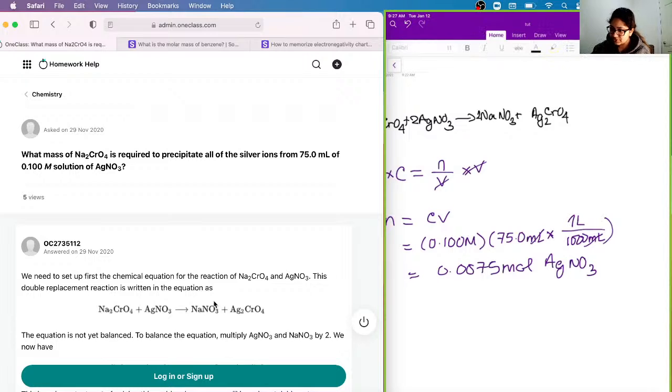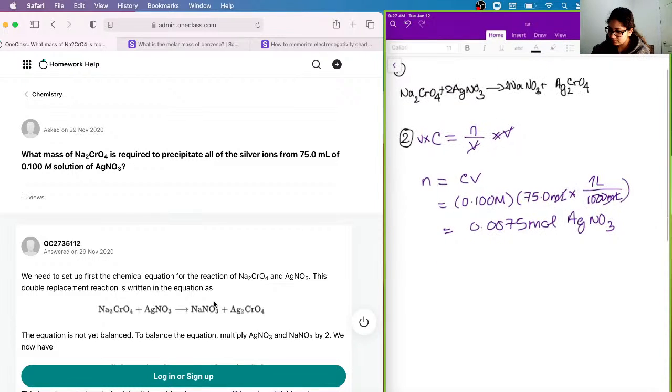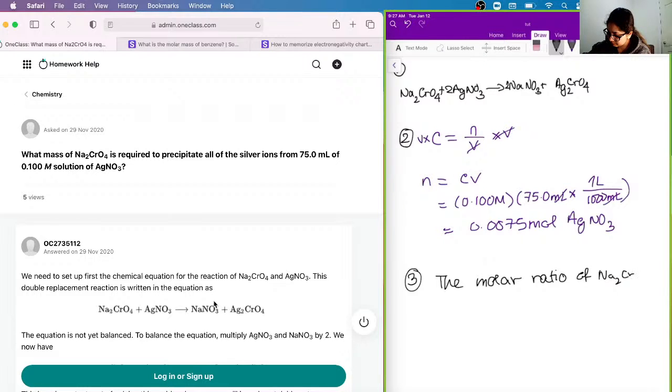So now through stoichiometry, the molar ratio of sodium chromate to silver nitrate is, you guys could see, 1 to 2, right?